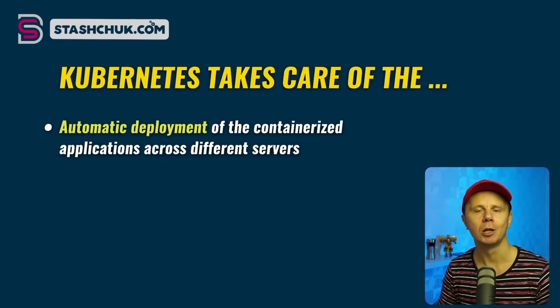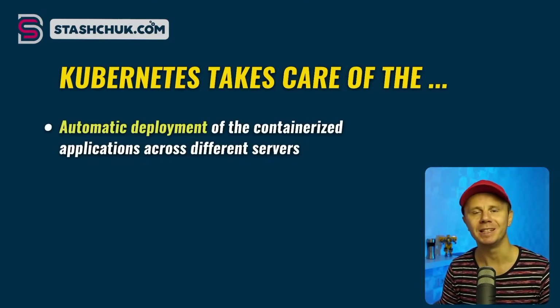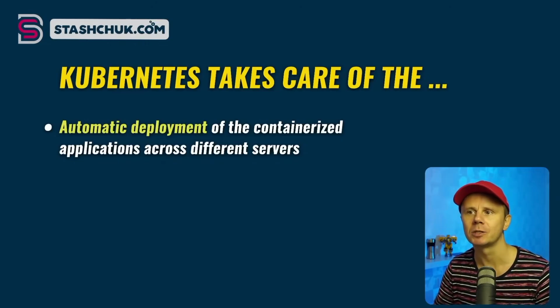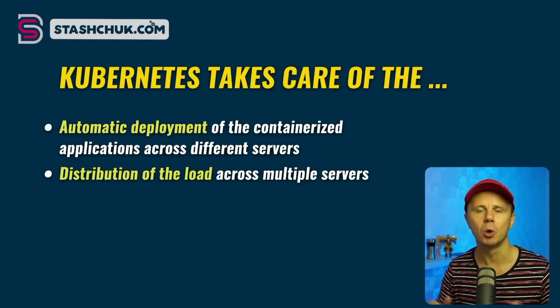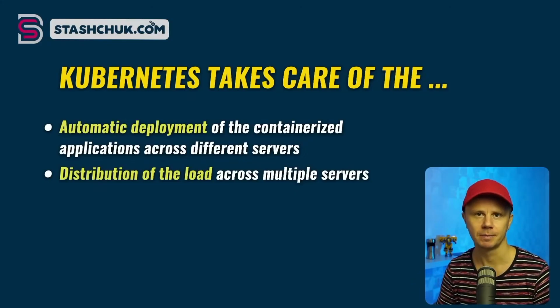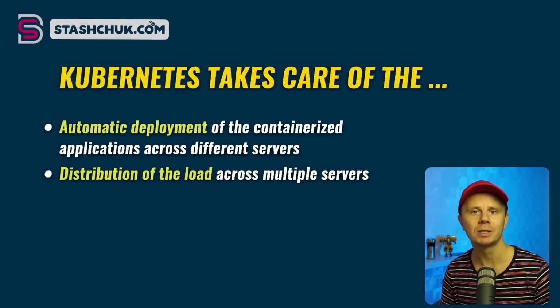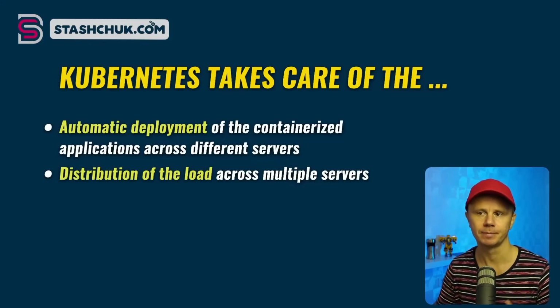So Kubernetes allows you to perform automated deployments across different servers that could be located even in different parts of the world. Other than that, Kubernetes also takes care of distribution of the load across those multiple servers. This allows you to use your resources efficiently and avoid underutilization or overutilization of the resources.